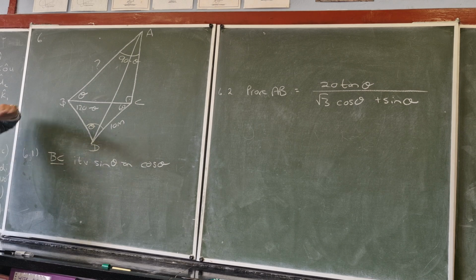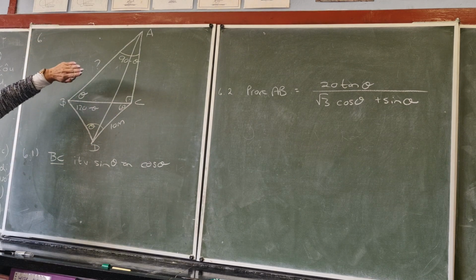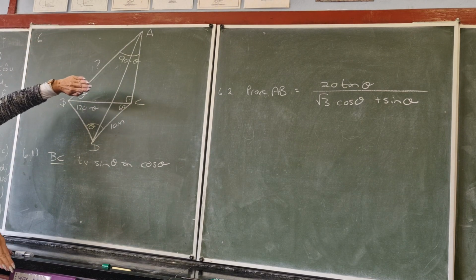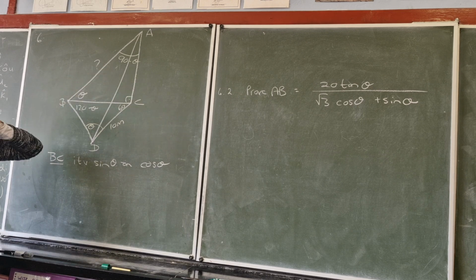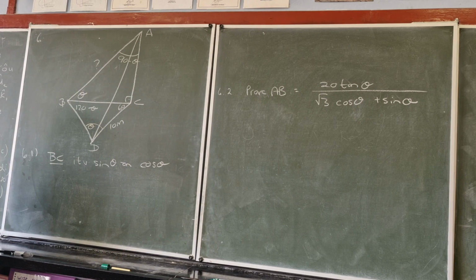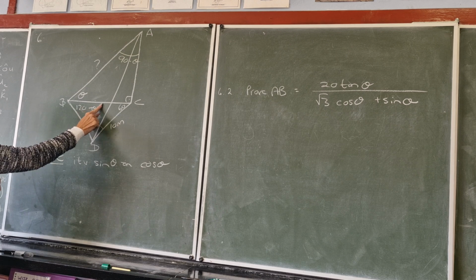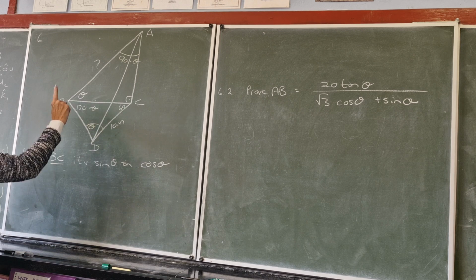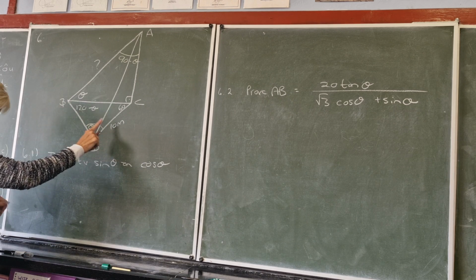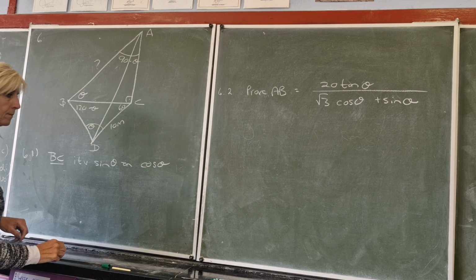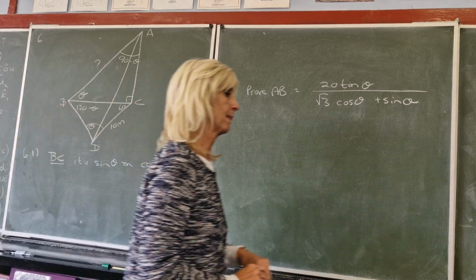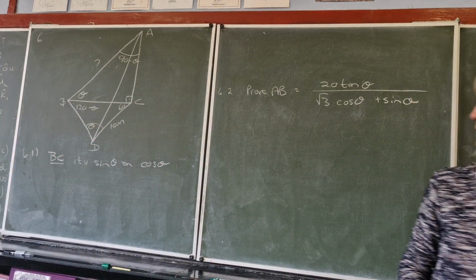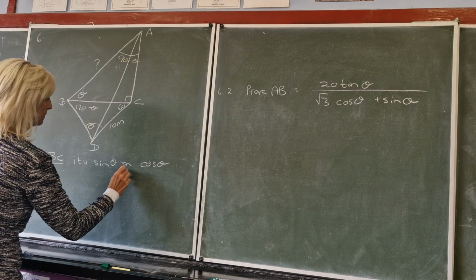Okay, so that vertical ABC standing here with a flagpole there, I've got all three angles, but I don't have any side. So can I find BC in that triangle? You need at least one side. The only side I have is the 10 meters, so I'll have to start working in triangle CBD, or BCD, however you like.